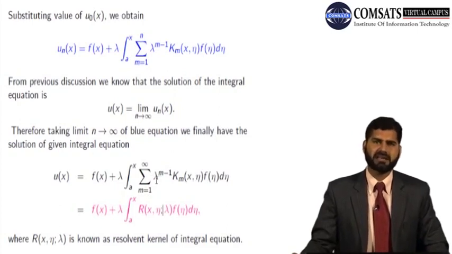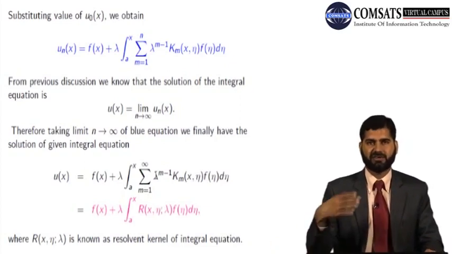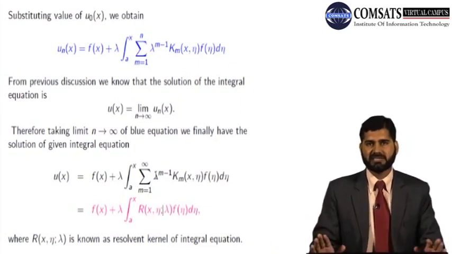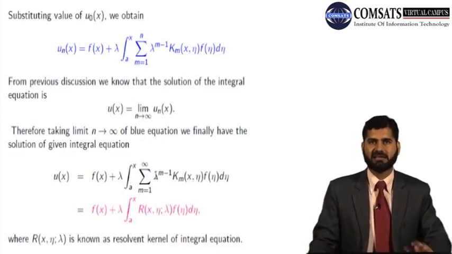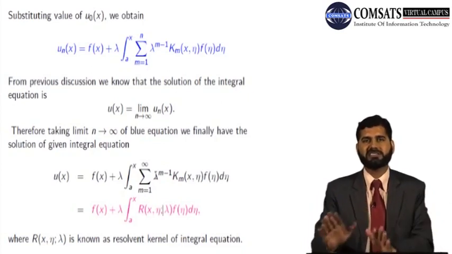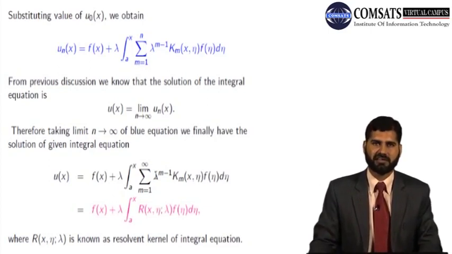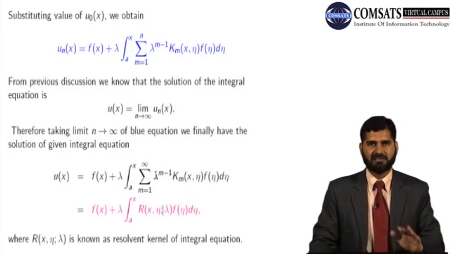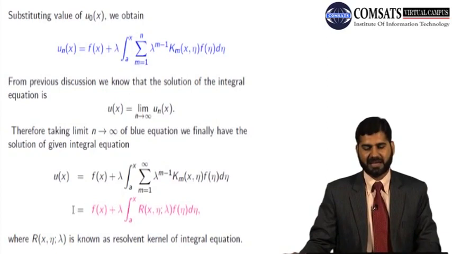All right. In the first lecture, I gave you the example of the resolvent kernel, and I said, don't worry about how we got the solution. We said, if this is the solution, this is called the resolvent kernel, and now you have the proof of that. If you go back to the last slides of the first lecture, I said, assume that the integral equation has this type of solution, then this is called the resolvent kernel.